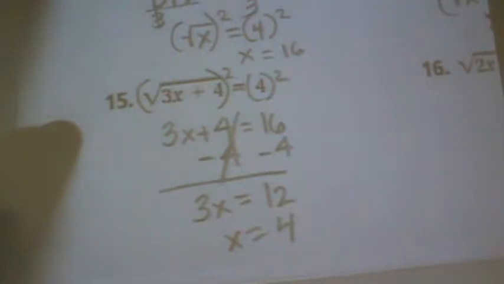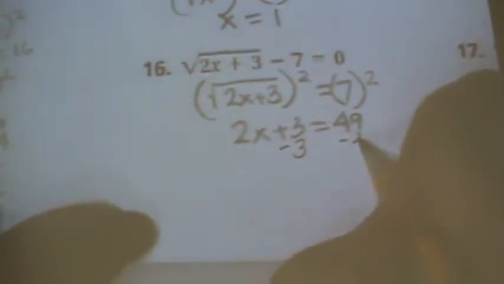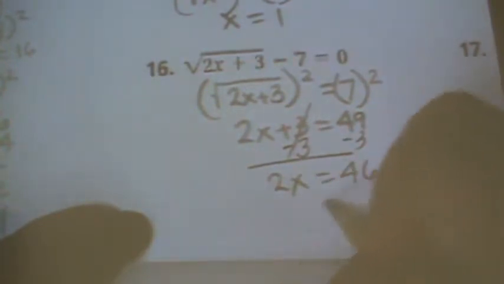We're good now. Is this easy? Yeah. Keep going. 16. What do you do? Add 7. You square it. And what do you get? 2x plus 1 equals 49. Then you minus 3, then divide by 2.